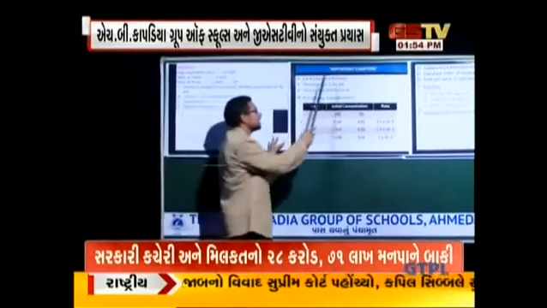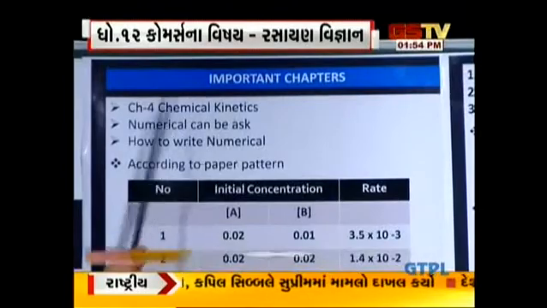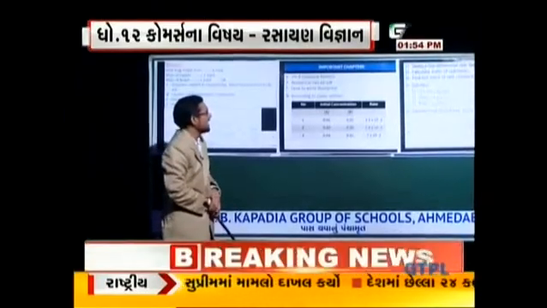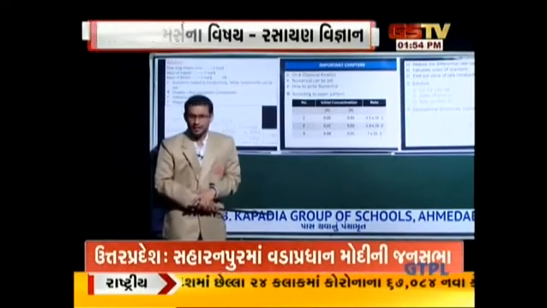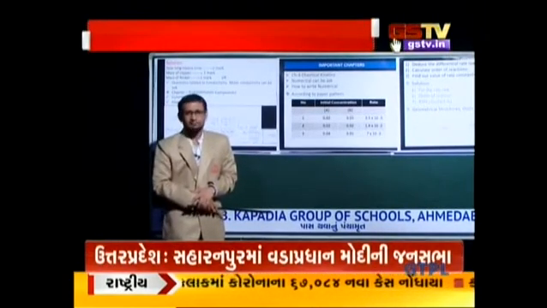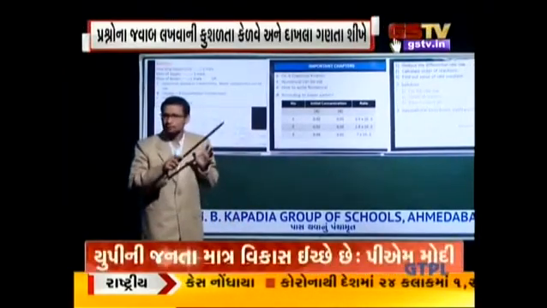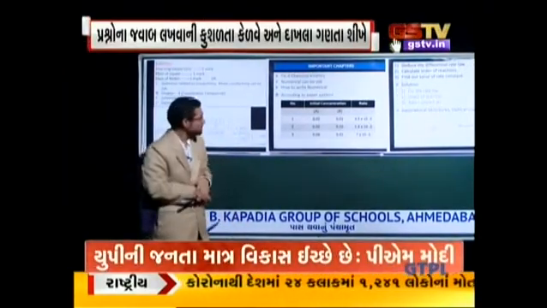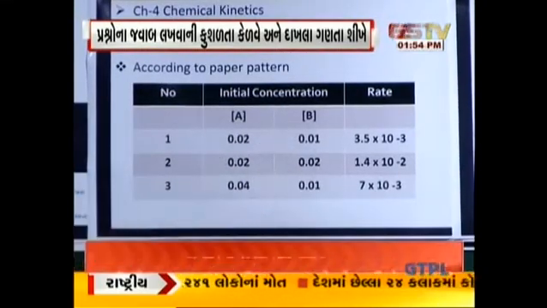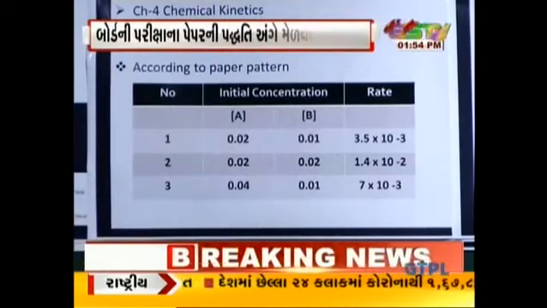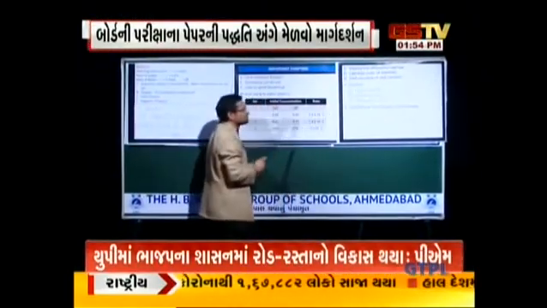And the important last chapter for the 4 marks is chemical kinetics, which is a numerical based question only. And in chemical kinetics, first order questions and second order reaction questions can be asked. But in almost all the board papers I have seen that mostly the first order question is asked. So the concentration of A or B will be given, the rate also will be given, and here we have 3 questions in this box.